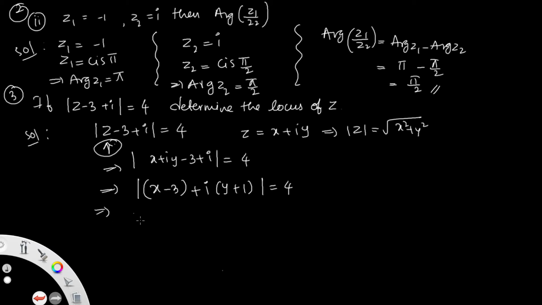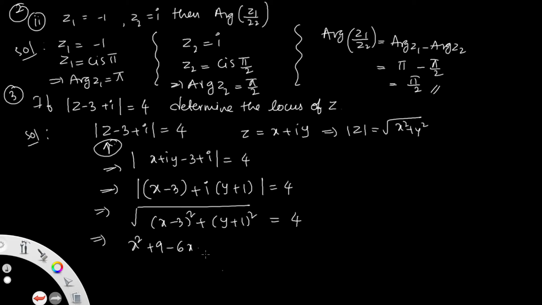Here it is root over x minus 3 whole square plus y plus 1 whole square equals 4. Squaring on both sides to remove the square root, that means x minus 3 whole square means x square plus 9, plus y square plus 2y plus 1, equals 16.